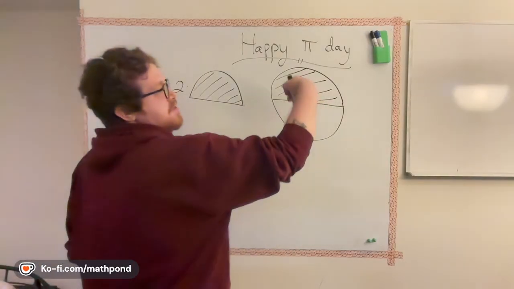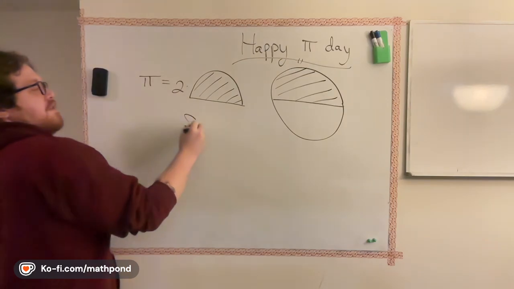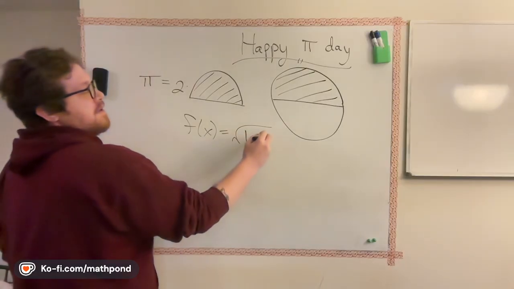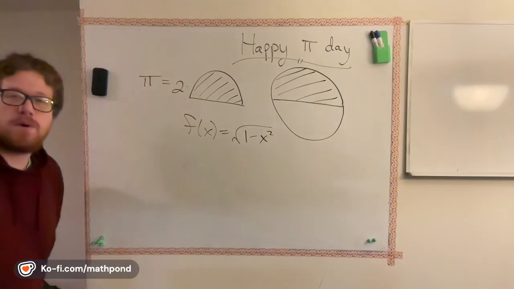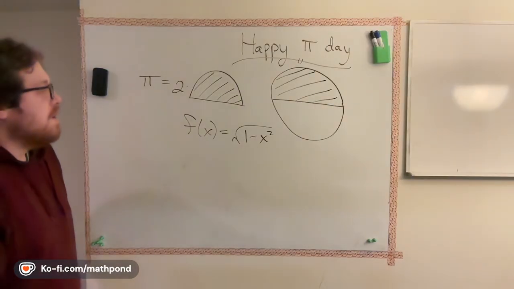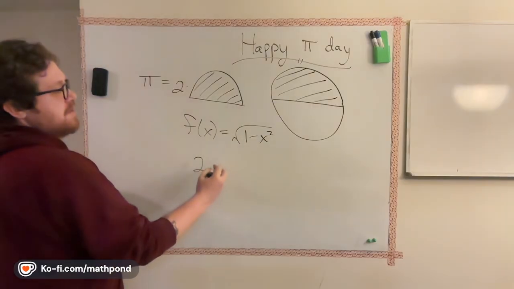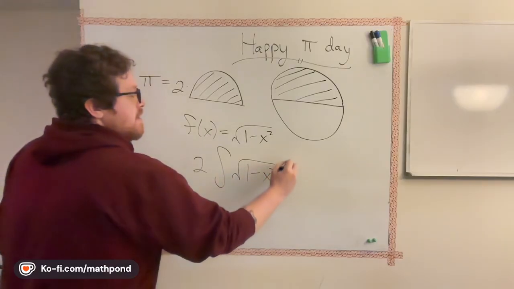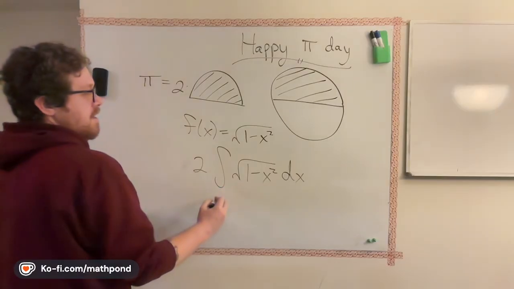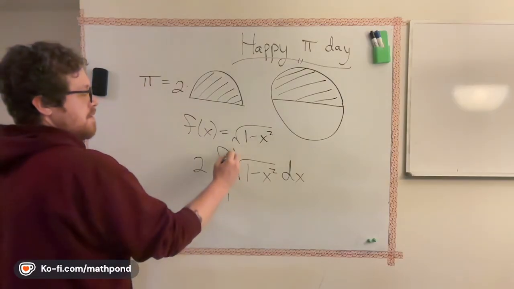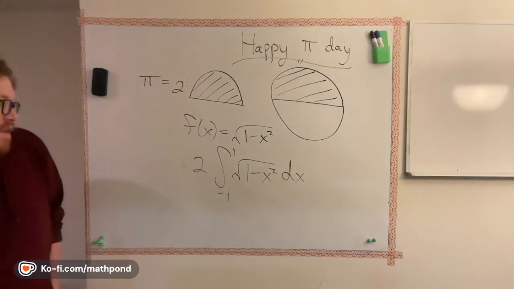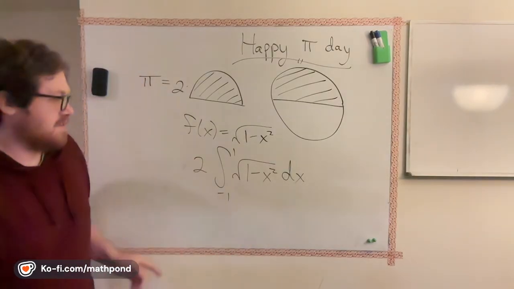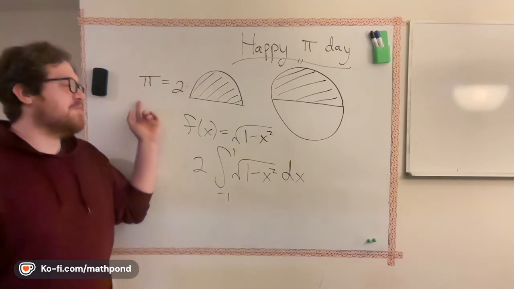We can describe this as a function: square root of 1 minus x squared, the positive square root. So pi should be 2 times this integral, dx, from negative 1 to 1. So how do we solve this integral? I mean, we know it should be pi, right?